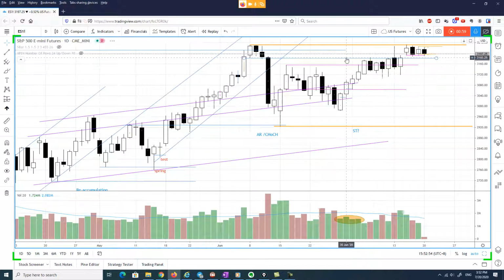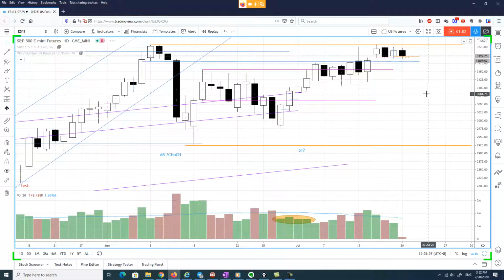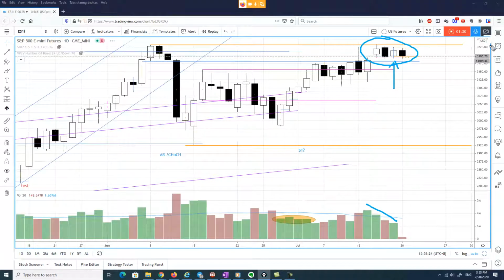So let's just get started here. As we can see in this S&P 500 daily chart, last Friday was here. We have a slightly bullish session here, and we have seen a decreasing of the supply signature. All this action for the last 4 trading sessions is pretty much a tight range, just consolidating below this swing high level at 3230.